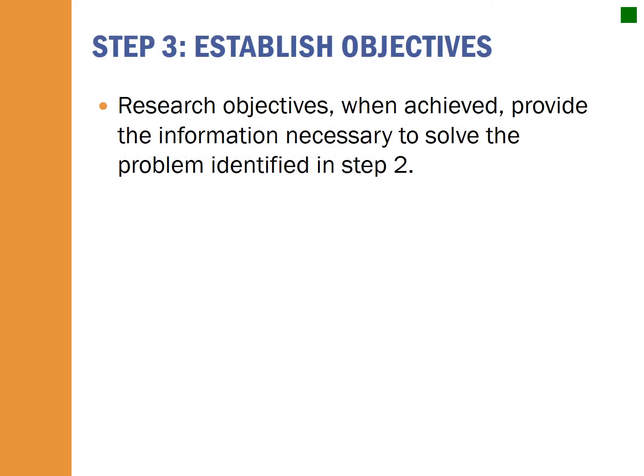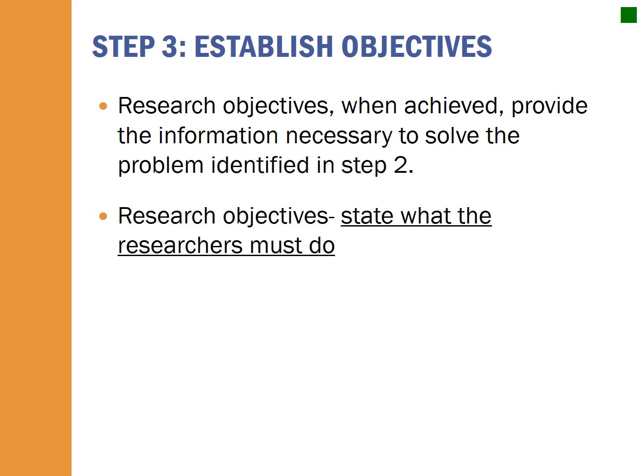Step number three, establish our research objectives. Research objectives generally state what we're going to do and how we're going to solve the problem identified in step number two. Right, so we want to state what the researchers must do moving forward.